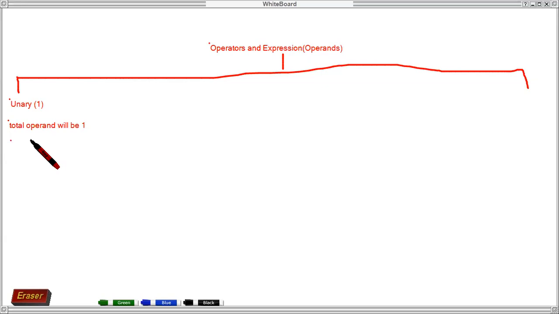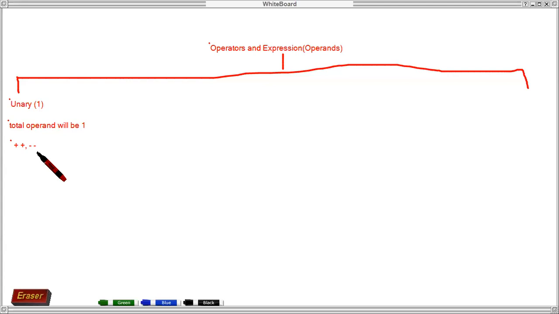Now we also have to see what operators are actually available. The first one is plus plus. Next we have minus minus. These are the two operators which are available in the case of the unary stage.